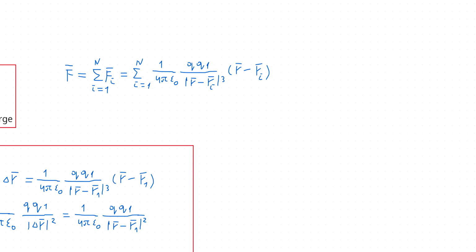Charge Q and 1 divided by 4 pi epsilon 0 may be written outside of the brackets, outside of the sum.